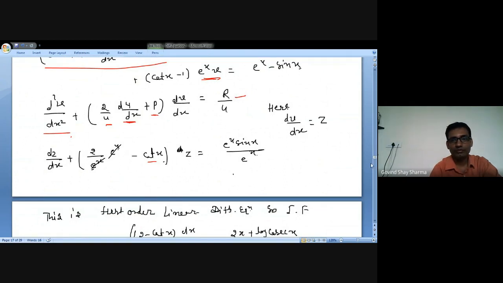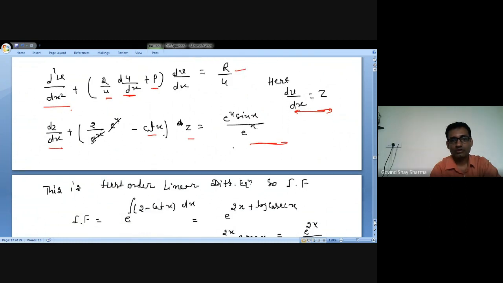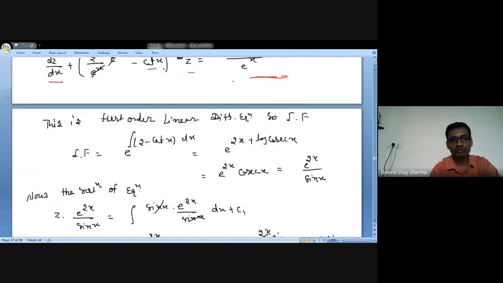So we take dv upon dx as z, and the equation changes to dz upon dx plus (2 minus cot x) z. Now we know the solution of this type of equation. We have to calculate the integrating factor. IF is equal to e to the power integral of (2 minus cot x), so this becomes e to the power 2x plus log cos x, which is e to the power 2x upon sin x.